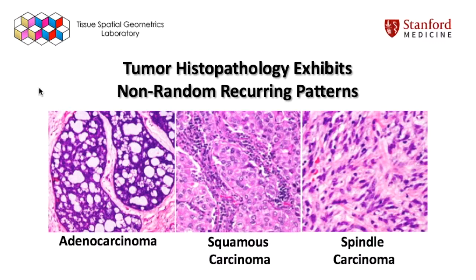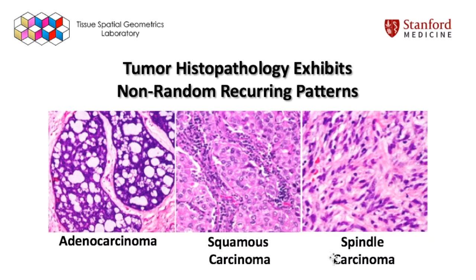We know from histopathology that the alignment of cells within tumors is non-random. Otherwise, it would be impossible for a pathologist to say that this tumor is an adenocarcinoma, or that this tumor is a squamous carcinoma, or that this one is a spindle carcinoma. The fact that we can classify recurring patterns into specific histological subtypes means that the arrangement of cells within a tumor is non-random.